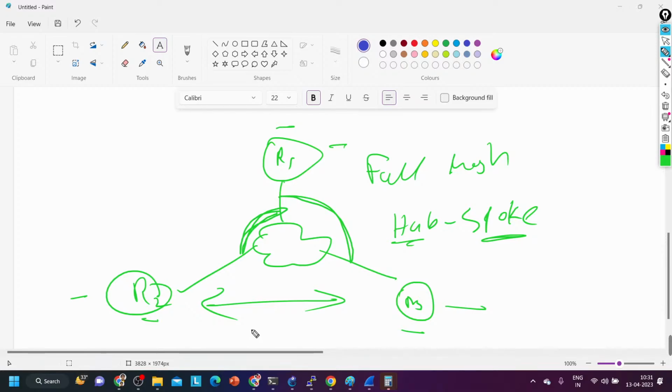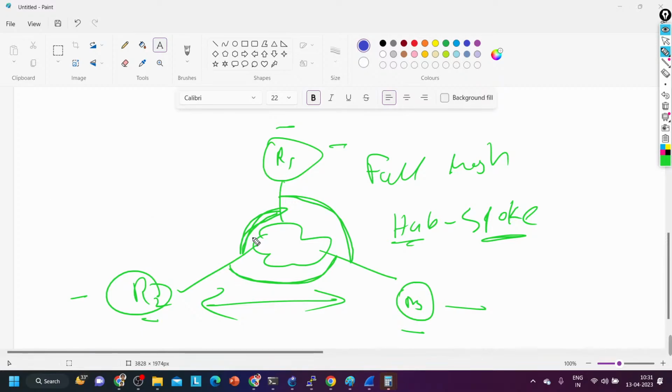Sir, can you explain again the full mesh? Yes. Here if I take one more virtual link, if I connect these two branches together, that means all my branches and headquarter are connected with each other. So this is full mesh topology. Full mesh means what? Each node is connected with all other nodes.